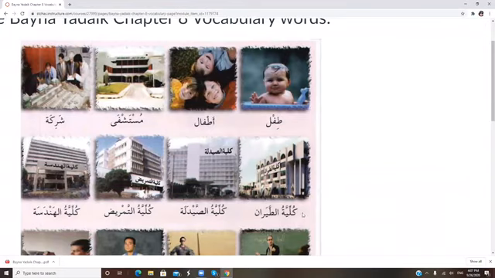Kulliyat at-Tayran. Kulliyat as-Saydala. Kulliyat at-Tamrid. Kulliyat al-Handasa.